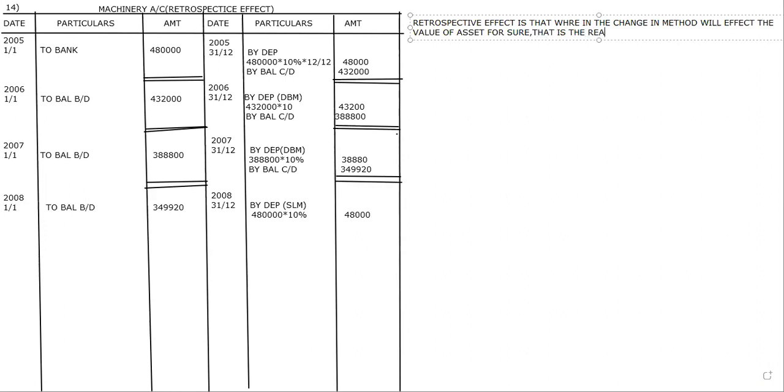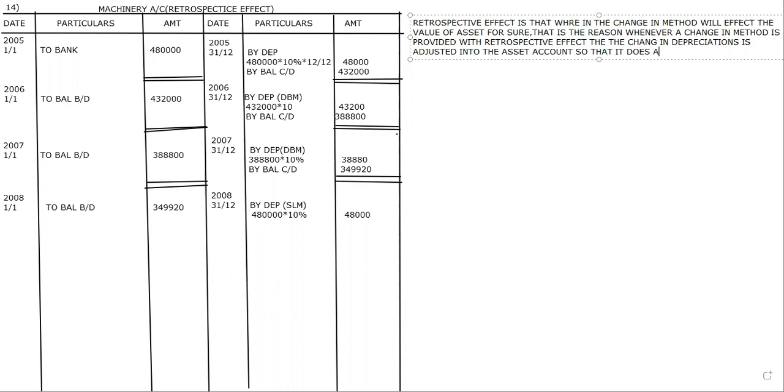That is the reason whenever a change in method is provided with retrospective effect, then the change in depreciation is adjusted into the asset account so that it does not have fluctuations in the present.